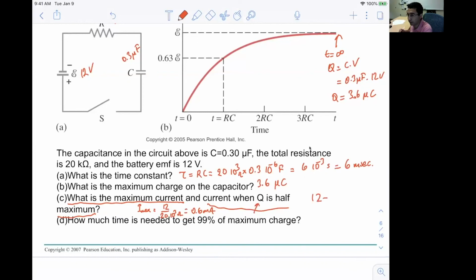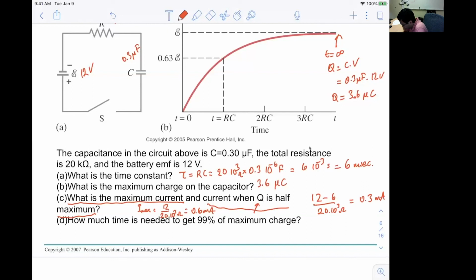The capacitor is going to apply minus 6 volts into the circuit. You have 12 minus 6, and if you divide by the resistor, it's going to be 0.3 milliamp.